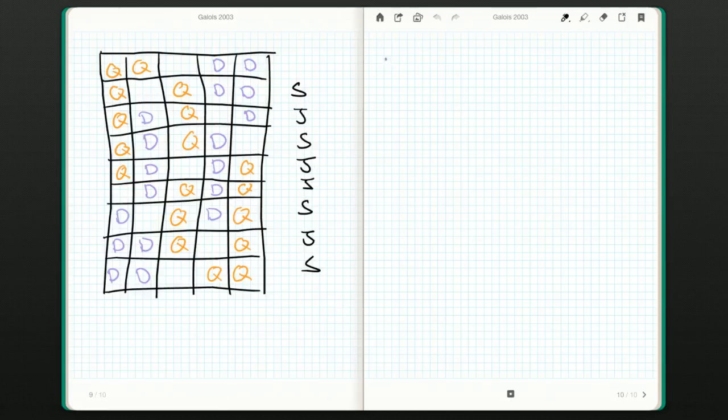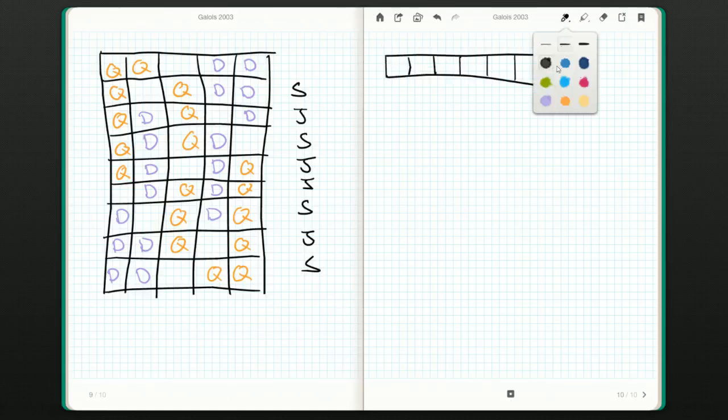And incidentally, let's draw what we're working with. So the game starts with 3 quarters and 3 dimes. So we're going to have 3 dimes over here on the right, and 3 quarters over here.